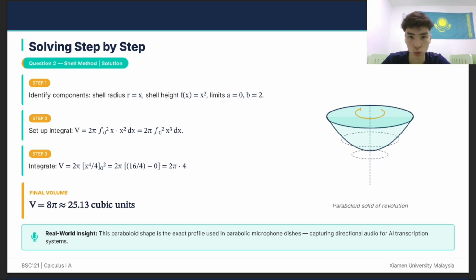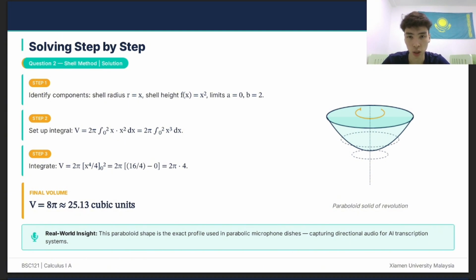In step 2, we set up our integral: it equals 2π times the integral from 0 to 2 of x times x squared dx, which equals 2π times the integral from 0 to 2 of x cubed dx.